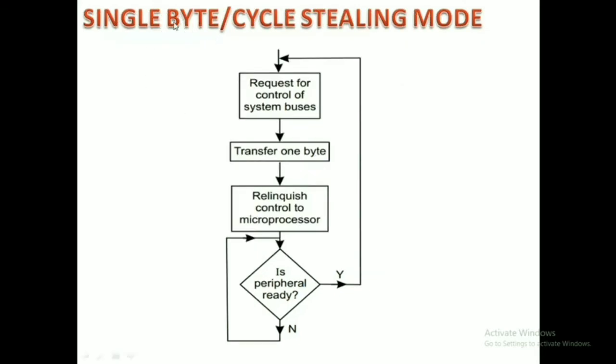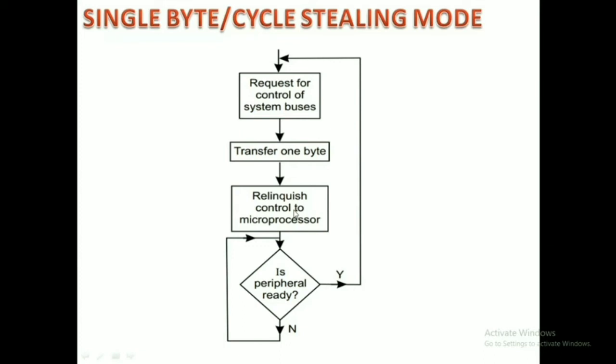So the next mode is your single byte or cycle stealing mode. In this mode, only 1 byte of data is transferred at a time. In this mode also, the DMA controller will request control of the system buses from the microprocessor. After gaining control of the system bus, it will go on transferring the first byte. After transferring 1 byte, the DMA controller will again enter into slave mode by handing over the buses to the microprocessor.